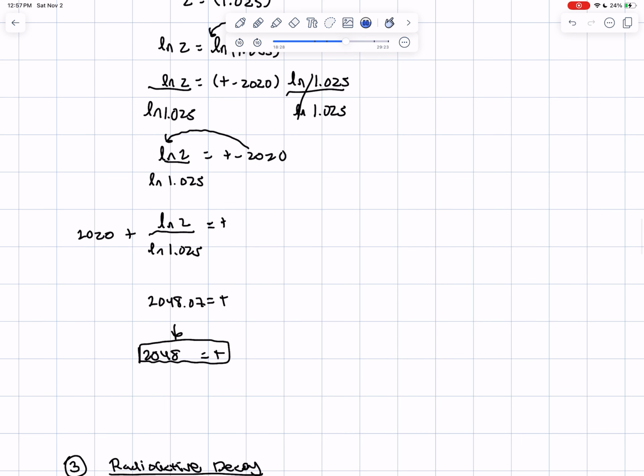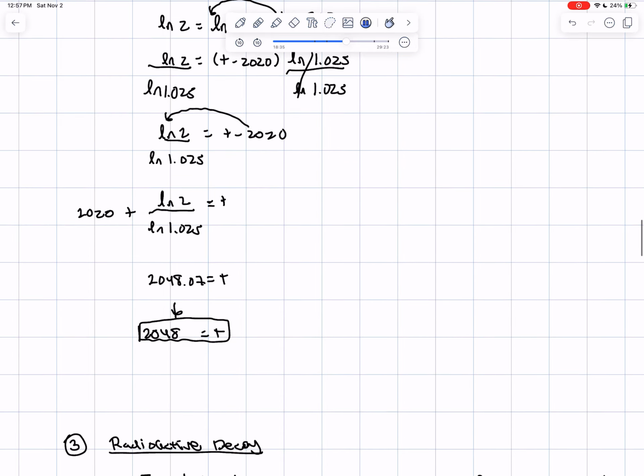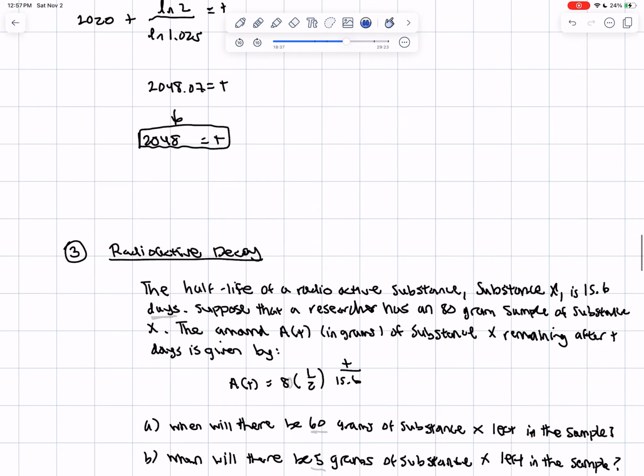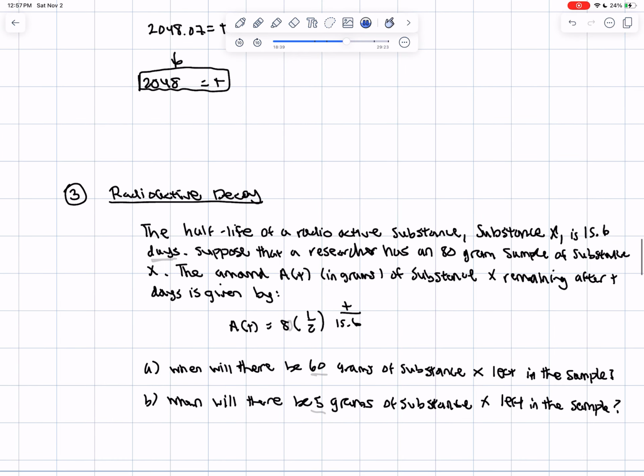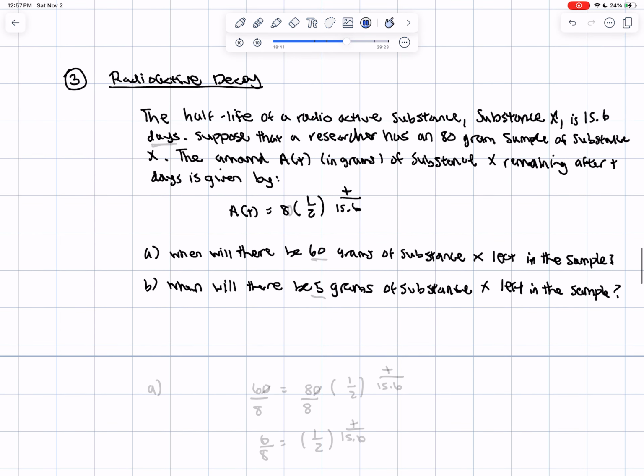Now we'll do a couple of problems on decay. Okay, so in this question, we're looking at radioactive decay. The question asks, the half-life of a radioactive substance, substance X, is 15.6 days.